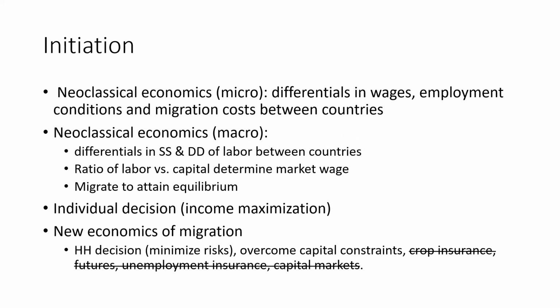Or maybe what they have as collateral may not be acceptable to the banks. Or maybe they simply lack a good credit history in some countries. And because of that, they may decide to send one or more members of their family abroad to overcome capital constraints.